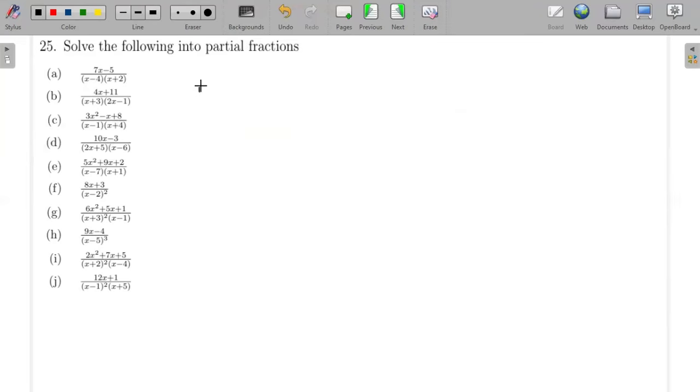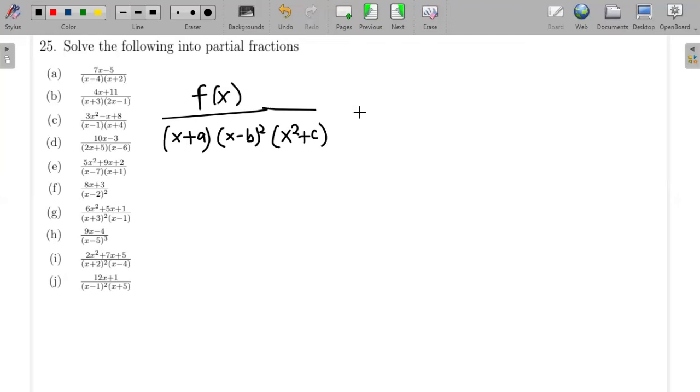For example, if I have f of x divided by x plus a, this is linear, and then x minus b squared, this is repeating, and then x squared plus c, this is unfactorizable. Each of these we stated the rules that we use.